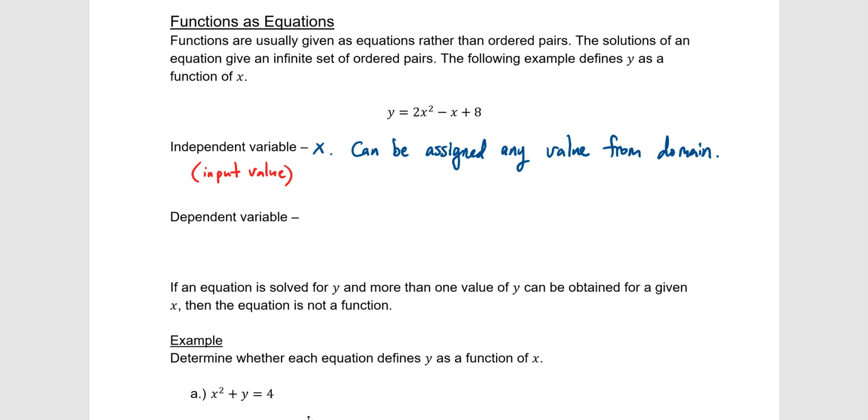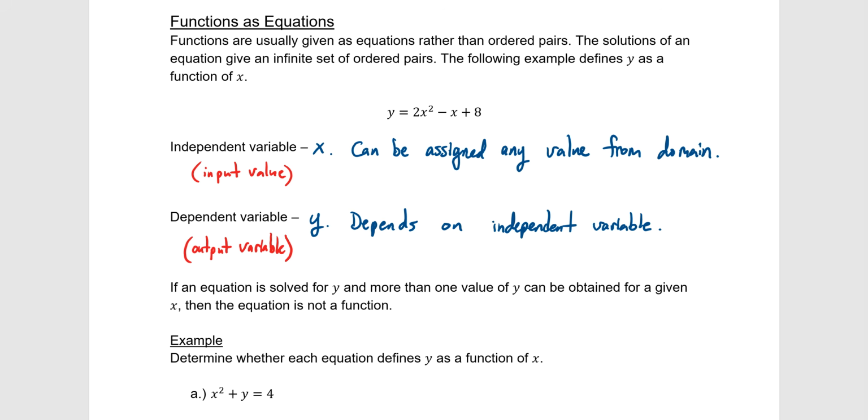We can think of this as the input value, and this can be assigned any value from the domain. That leaves the other variable y as the dependent variable. Essentially we're plugging in values of x that we're allowed to plug in based on what the domain is, and we're seeing how y changes with respect to x.